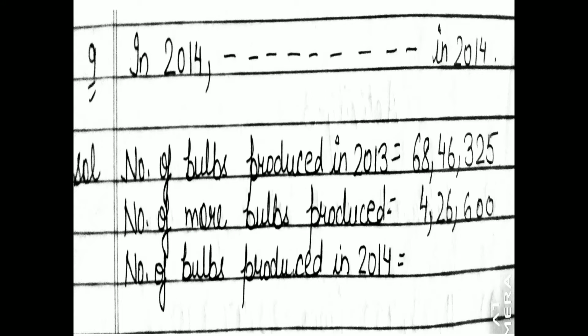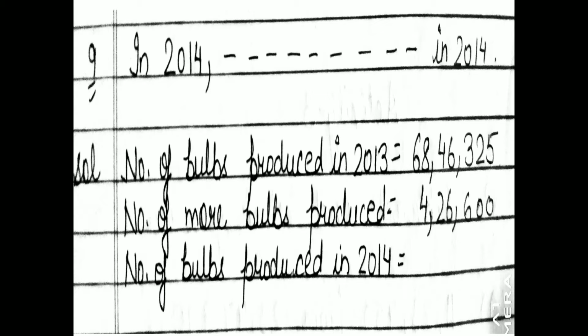So you write number of bulbs produced in 2013, 68,46,325. Number of more bulbs produced, how many more bulbs were produced, you will add them, 4,26,600.